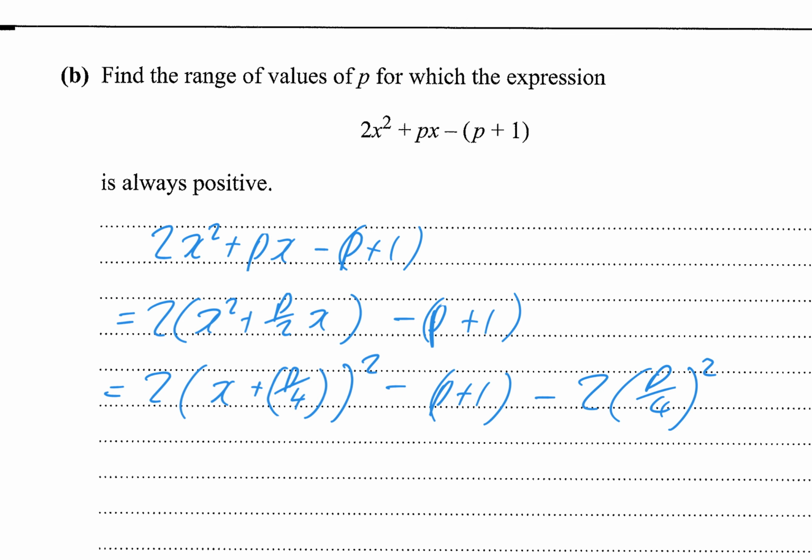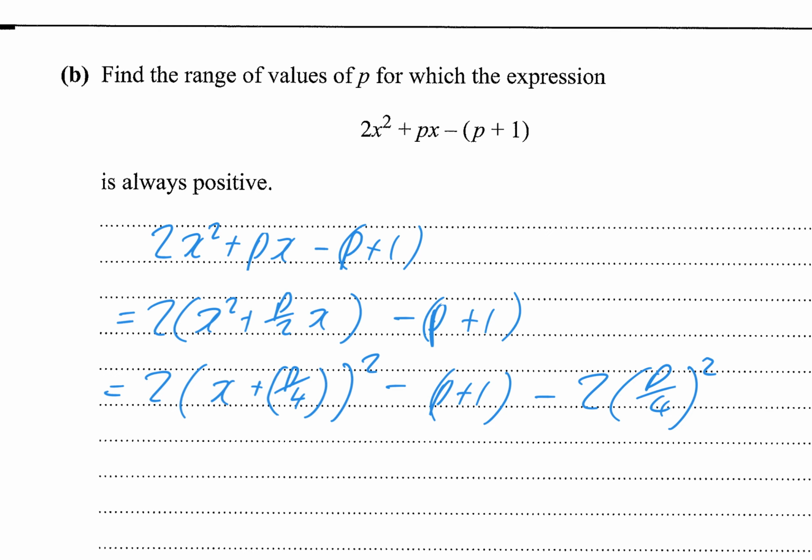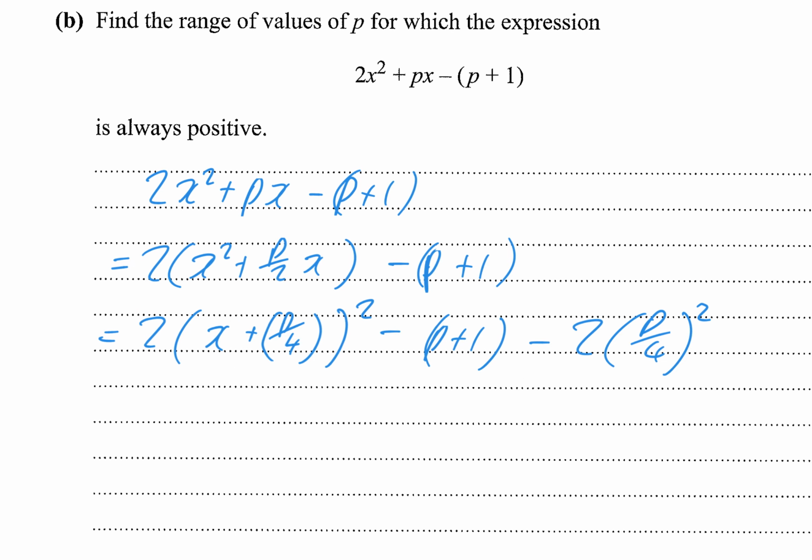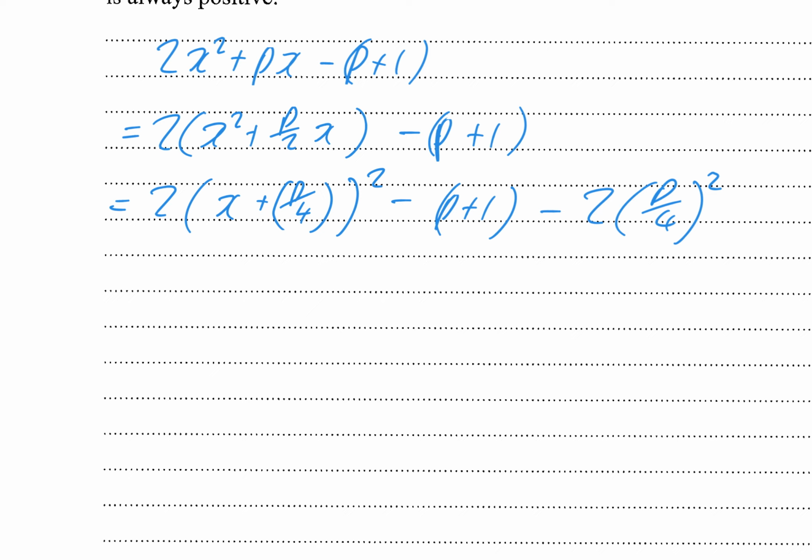So, right, we want to find the range of values of p for which the expression is always positive. Now, this bit here will always be positive no matter what, because you're squaring it. A positive thing squared is positive, a negative thing squared is positive, and also 0 squared is just going to be 0. So it's going to be positive when this bit is greater than 0.